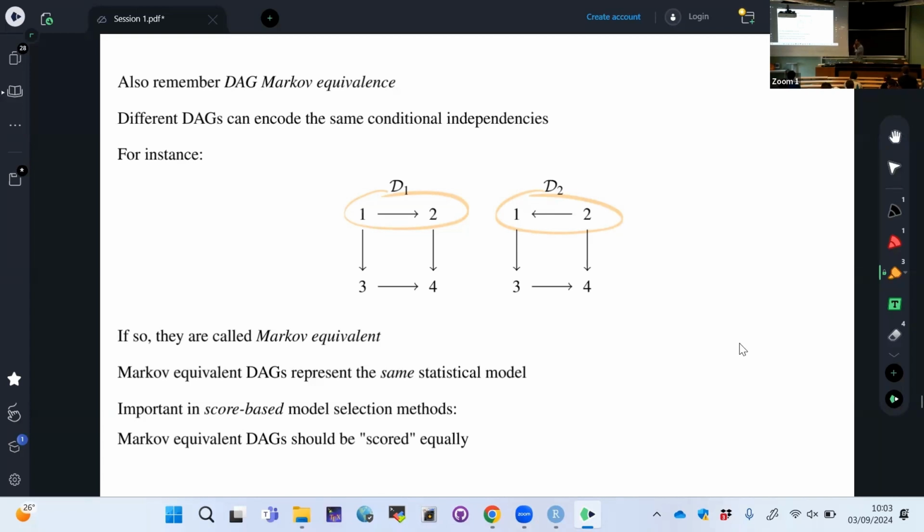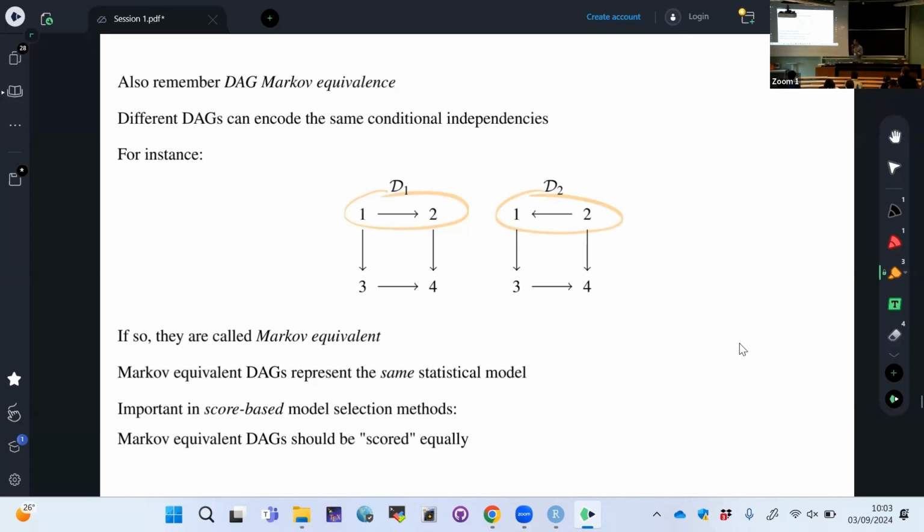So in this case, we say that the two DAGs are different, yet Markov equivalent, because they have the same Markov property. Another way to express the same is that in practice, they represent the same statistical model because they imply the same set of conditional independencies.